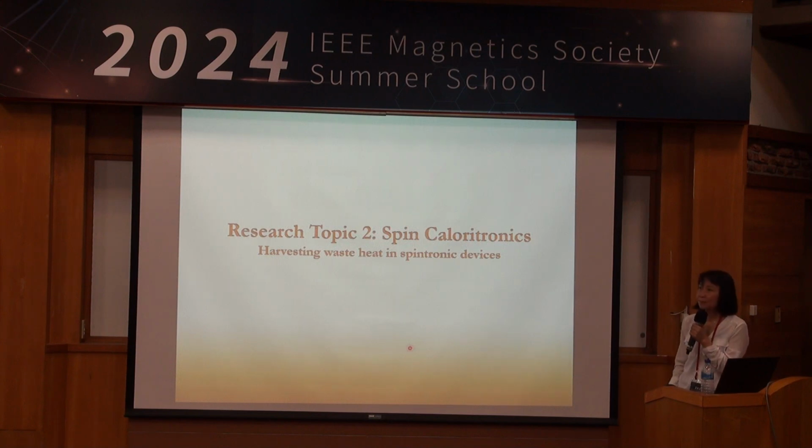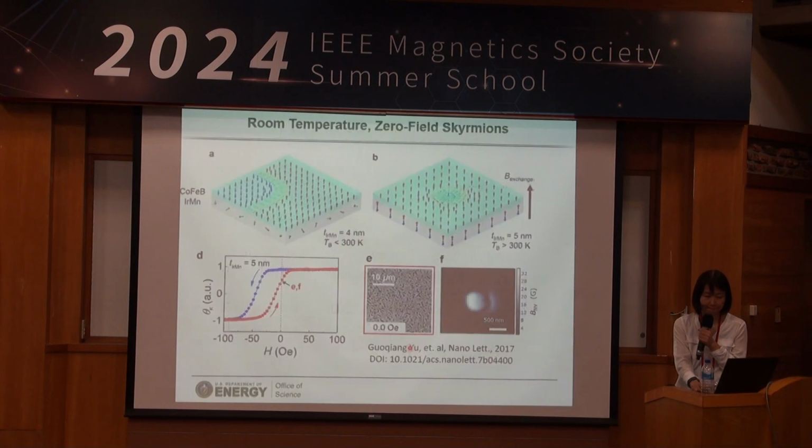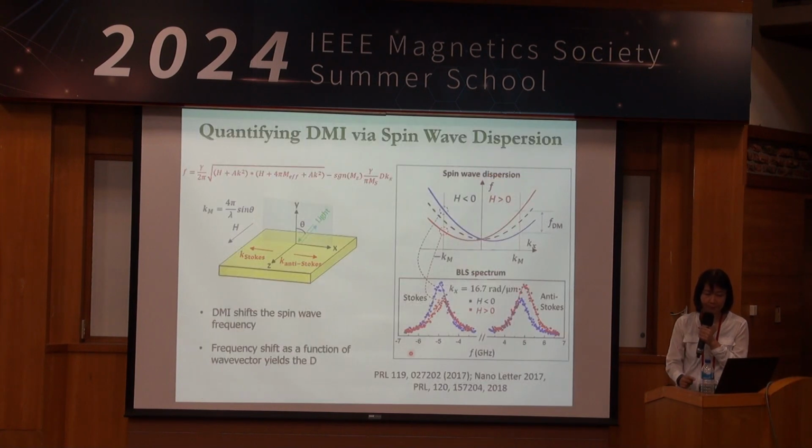Actually, I have a question about the spin wave dispersion you showed just now. From the formula, we can see the first term is a parabolic shape, and the second term is a linear term. In the figure you showed on the right side, I think it's mostly parabolic shape.